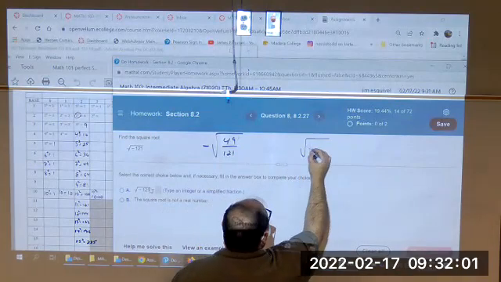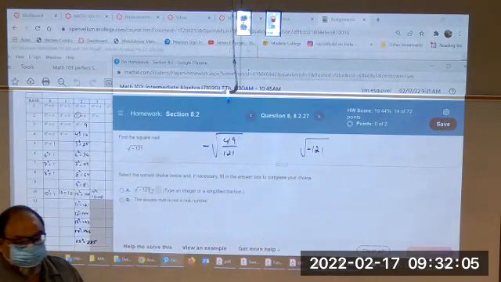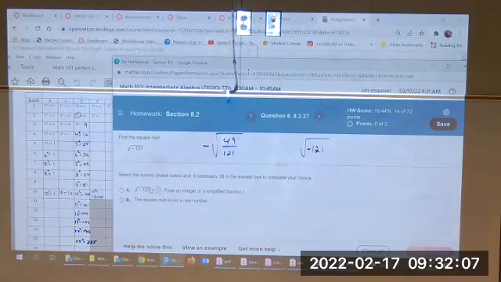Square root of negative 121. What's the difference between those two questions? The negative. On the first one, the negative is outside of the radical. On the second one, the number's on the inside of the radical. So I know the square root of 121, 11 times 11.